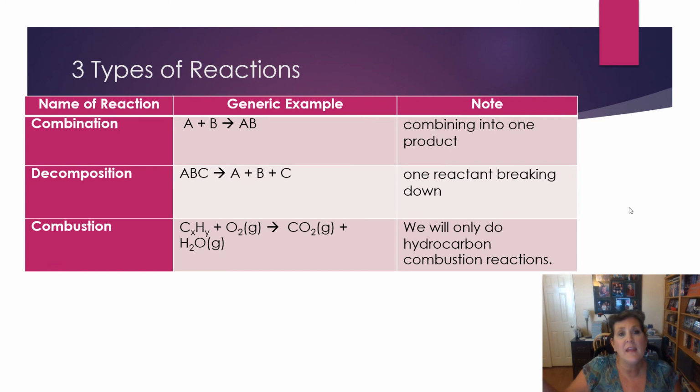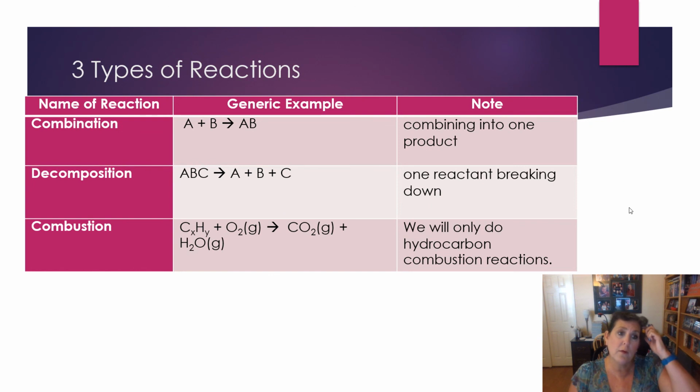We have ABC arrow breaking down into A plus B plus C. So it's separated. That's called breaking down. Breaking down means decomposing, doesn't it? So that's decomposition. We have one reactant and it breaks down into 2 or 3 products. So that's pretty easy. If it breaks down into pieces, it's decomposition.